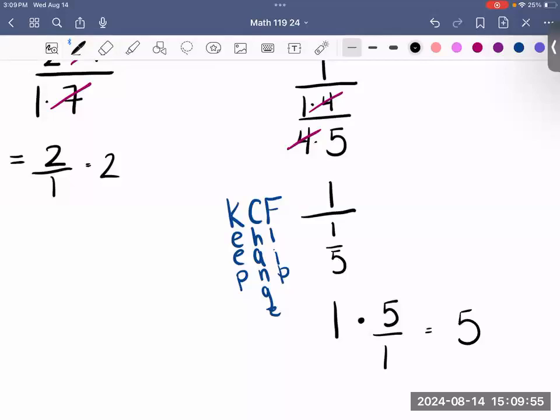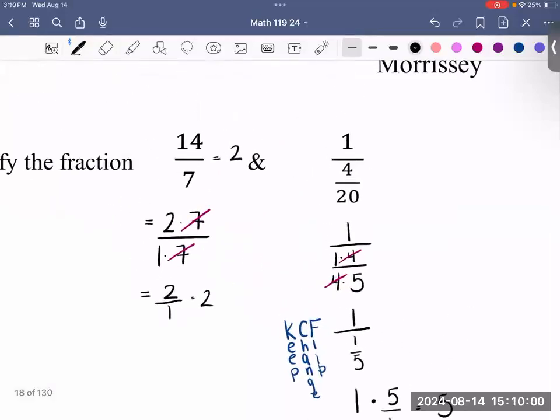Just 5. Now we could also do this a different way. So let's say you did the keep, change, flip to begin with. So you did 1 times, so keep it the same, change the operation, and then flip it, 20 over 4. And let's say this was maybe another fraction, it would still just remain 1 over 1 or whatever the fraction is.